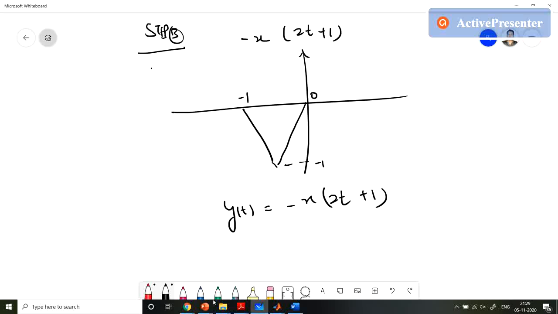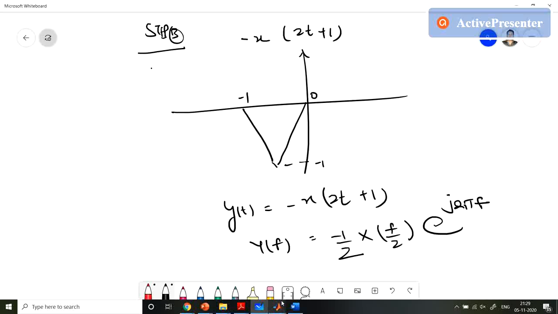So this is y(t). So what is Y(f)? Y(f) is equal to 1 divided by 2 X(f divided by 2) e raised to the power j 2 pi f. This is our final answer.